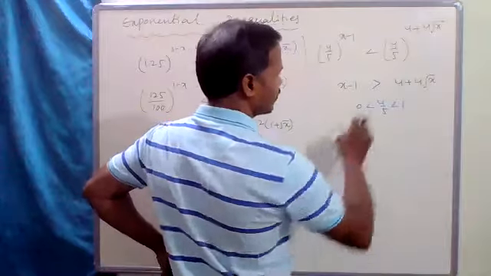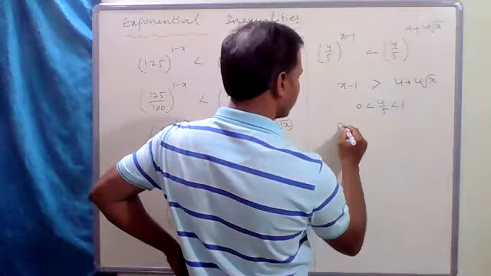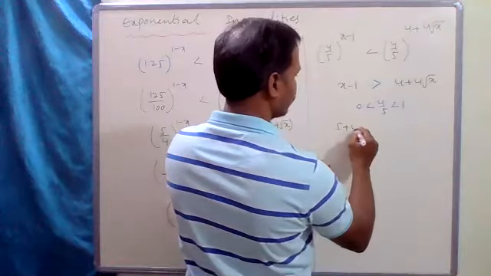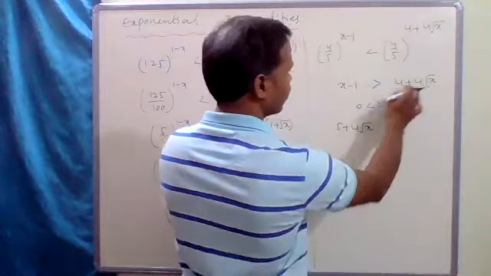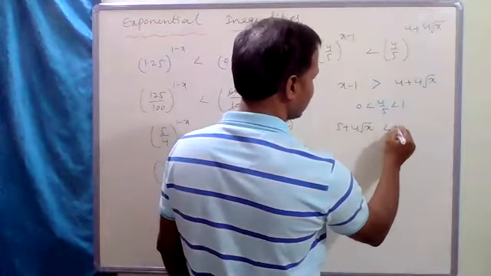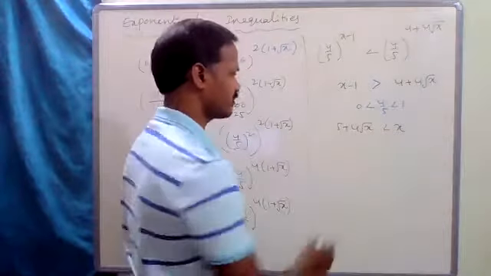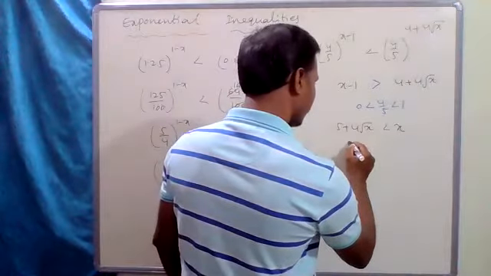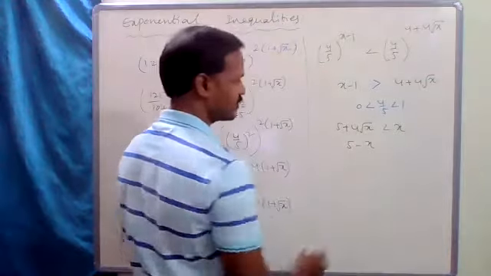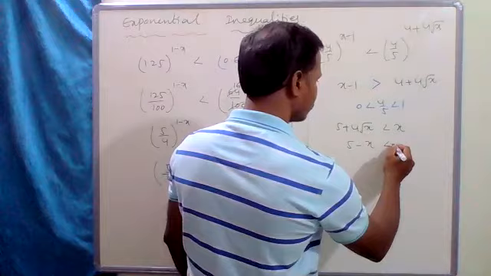So what about this? 5 plus 4 root x is less than x. Now this is 5 minus x, 5 minus x is less than 4 root x.